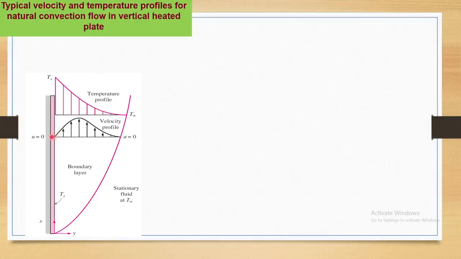So what happens actually is, the velocity of the fluid is zero at the surface of the plate because of the no slip condition. When its temperature increases, it moves and its velocity increases. And also at the boundary layer edge, velocity becomes zero.